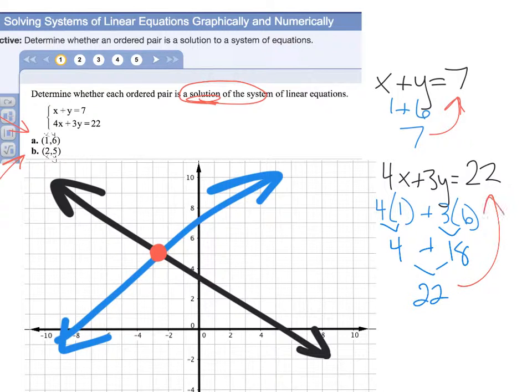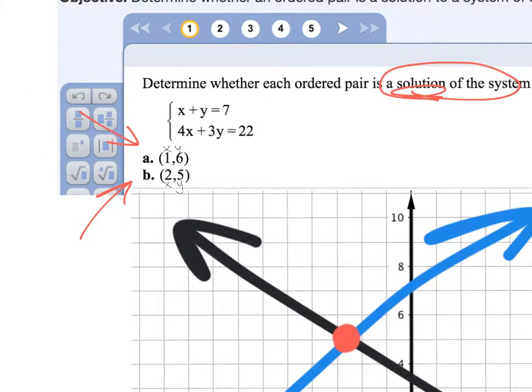Woohoo! That equals the 22 that we wanted. So that tells us that 1, 6 works for both equations. It makes both equations true. So I'm going to put yes, it is a solution of the system.